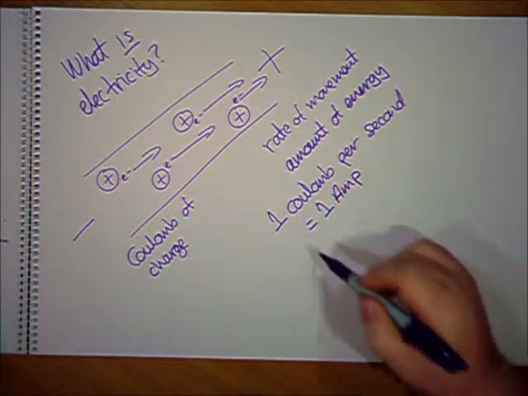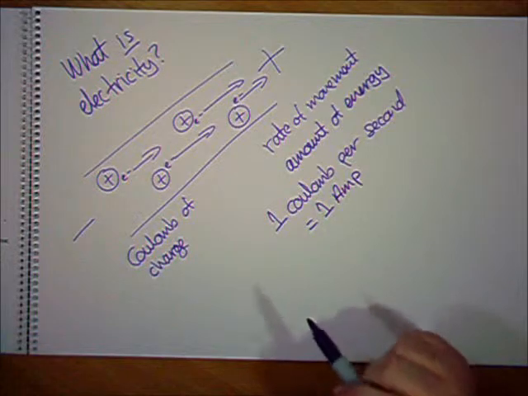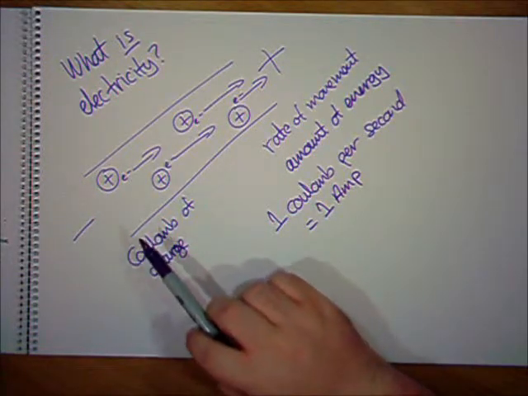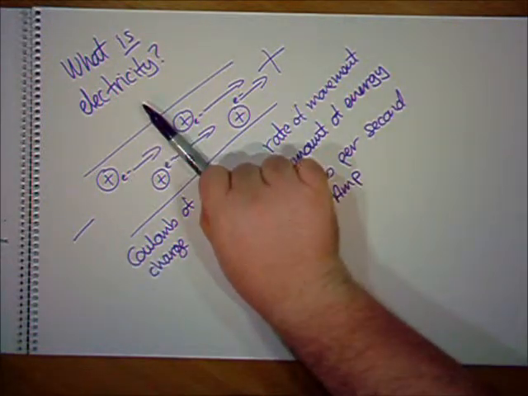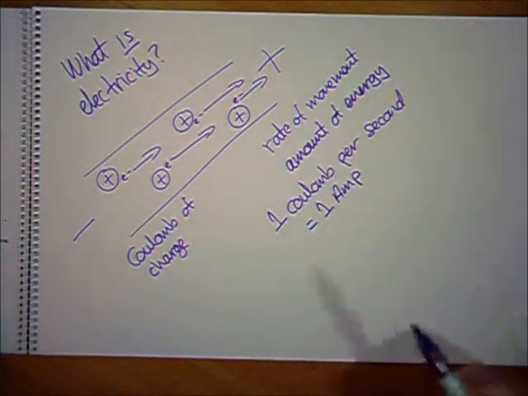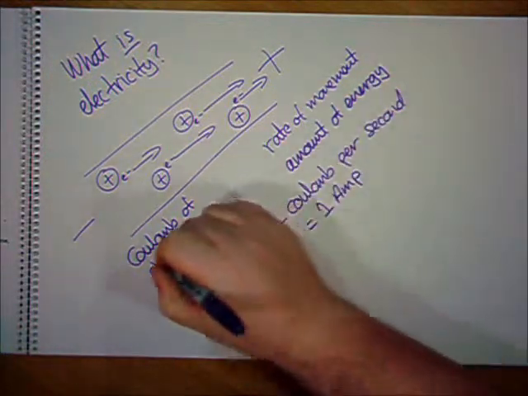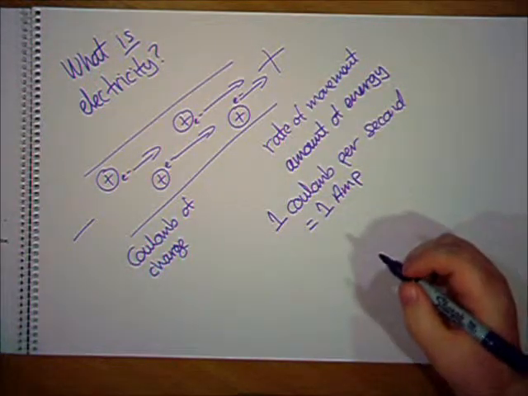So when you measure current and you measure an amp, that's what you're measuring. You're measuring how many coulombs of charge pass a given point, and that given point is your ammeter, in a circuit.